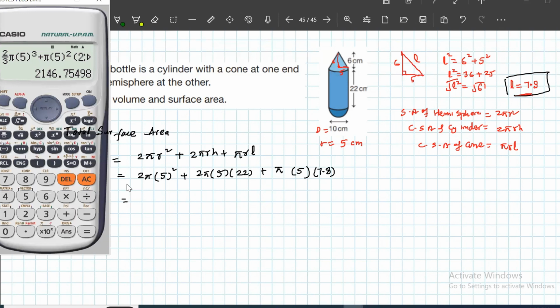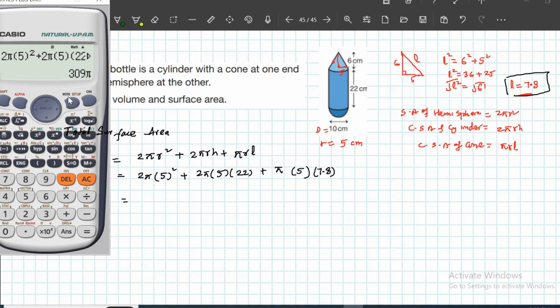So here we have shift pi, bracket open, 5 squared, plus 2 pi, shift pi, and then bracket open 5 bracket close, bracket open 22 bracket close, so plus shift pi, bracket open 5 and then lastly we have 7.8 bracket close.